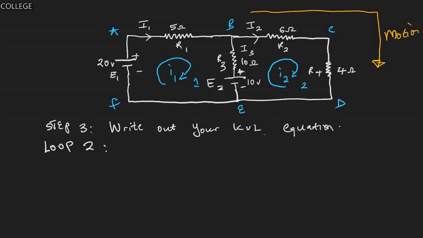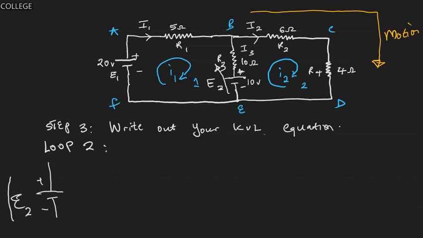So the next step, let's write out our KVL equation for loop 2. Now, we said we are moving in a clockwise direction. Let's take the components of the circuit one after the other. We have E2.